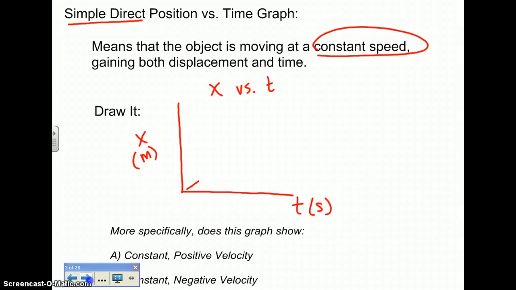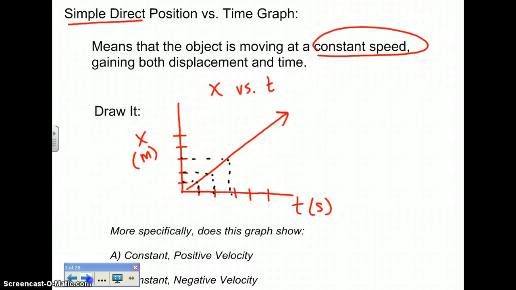And as time is going on, you're moving away from your starting position, 1, 2, 3, 4, 5 meters as time is ticking on, and you're doing it at a constant rate. The slope of 1, 1 is 1, of 2, 2, of 3, 3, etc. So you're always going to see that you're having a slope of 1 here.